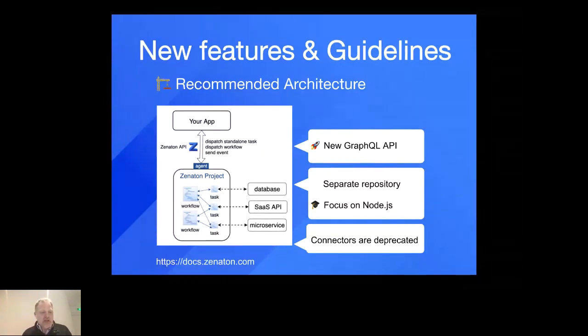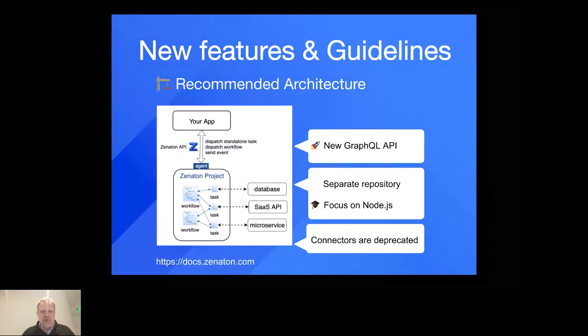And last but not least, of course, as this project is independent of your app, you can use Zenaton with any programming language. So there is no link between the programming language you use in your app and the programming language you use to describe your workflows, for example.